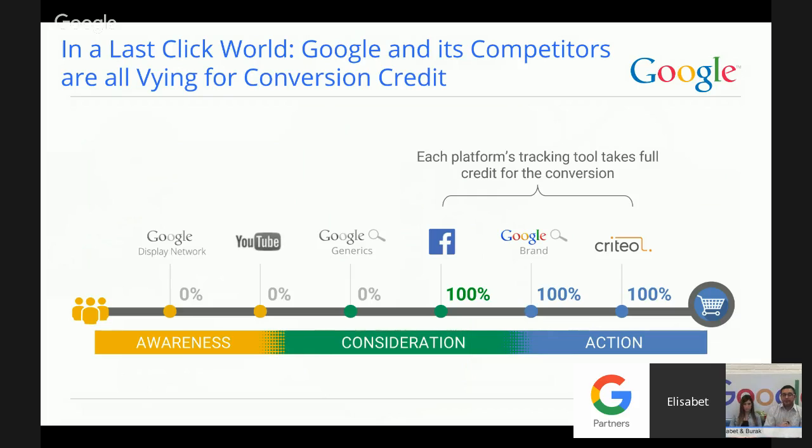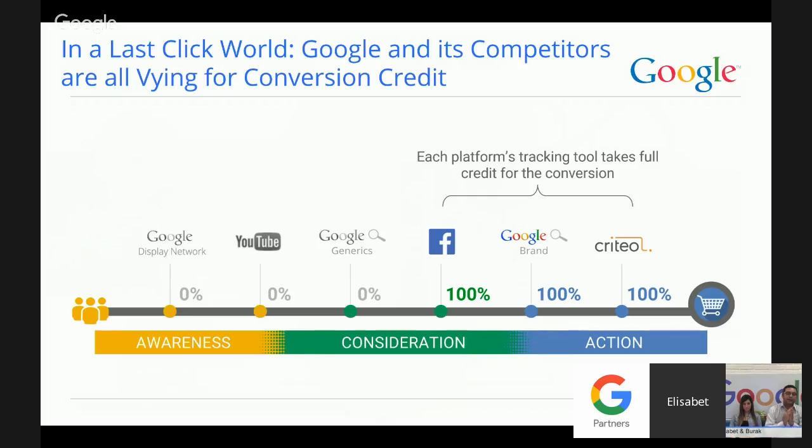And having decided, still in the consideration stage, has seen an ad on Facebook and then made some searches on Google for that particular brands or models, and then finally, because he or she is in one of the remarketing lists of these companies, in this case Criteo, she saw an ad of Criteo, clicked on it, and then decided to buy, bought, and converted.